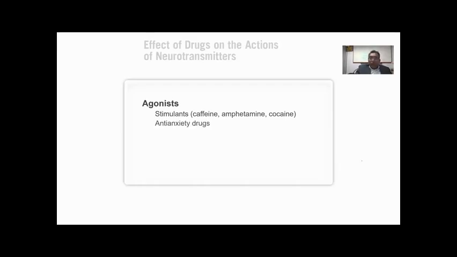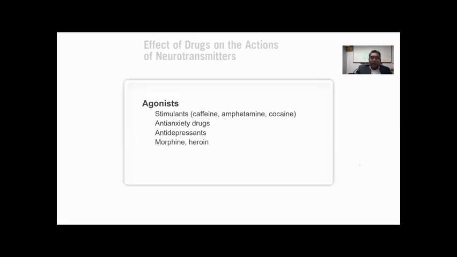Some anti-anxiety drugs also act as agonists, and we'll talk more about agonists and antagonists later. Some antidepressants like SSRIs, which we'll talk about in a different video, are also agonists. Agonists are the artificial chemicals that act like neurotransmitters, especially those that increase the availability of these neurotransmitters.